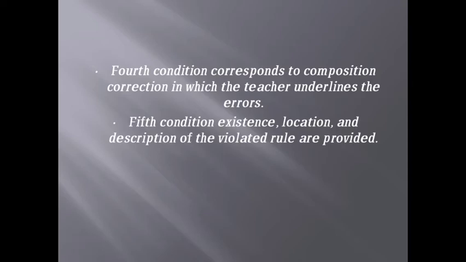It explains to students that they have errors on their paper, and teachers are able to underline those errors so that students will recognize their errors on the paper, especially for example when writing an essay. And the fifth condition, the existence, location, and description of the violated rule are provided.